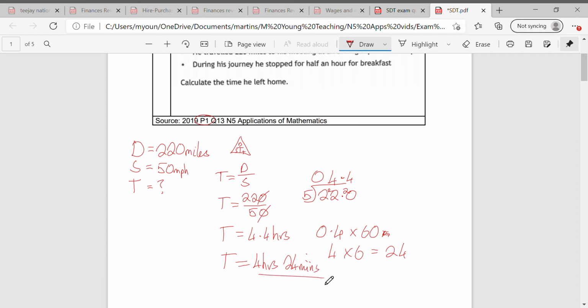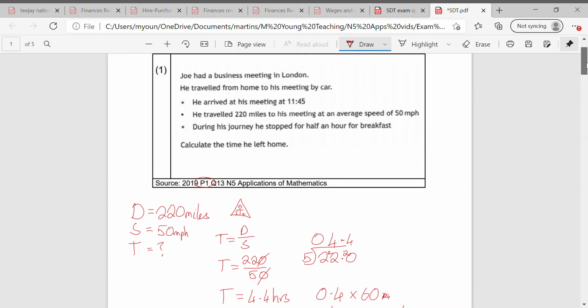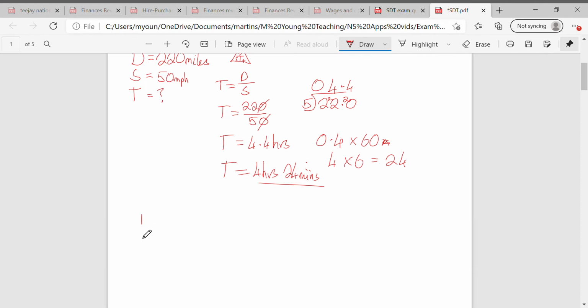And that's the time. Now what we're going to do is work backwards from 11:45, including that extra half hour. So we're starting at 11:45. We're basically taking off 30 minutes that we spent in breaks. That would be 11:15, and then we're taking off that journey time.